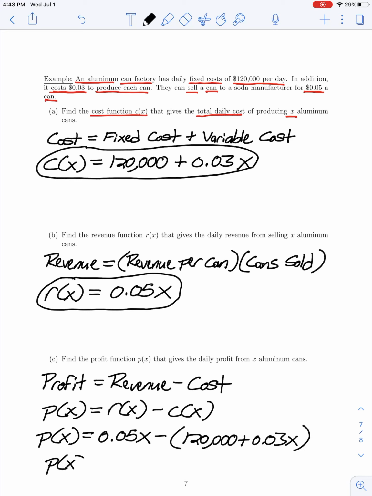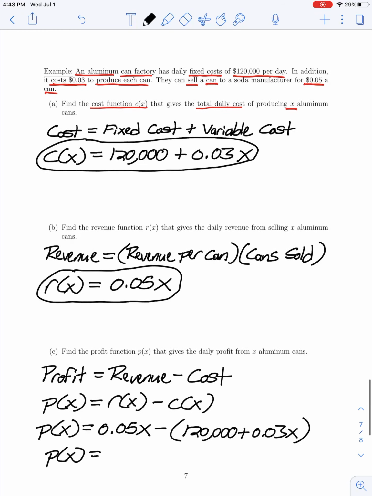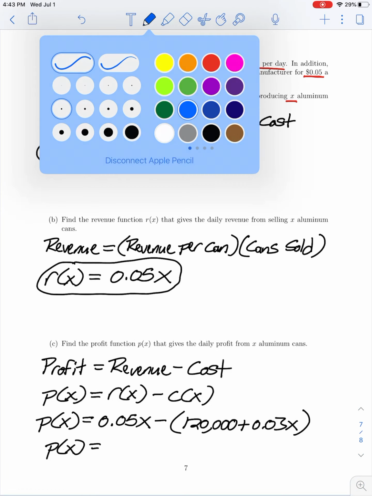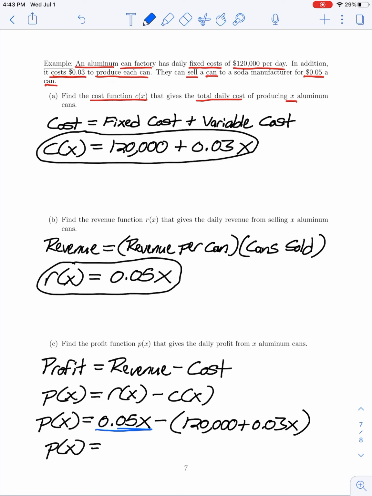So combining like terms, let's see what we're left with. We have 0.05x, and we're subtracting 0.03x, which gives us 0.02x, and then we're still subtracting that 120,000.